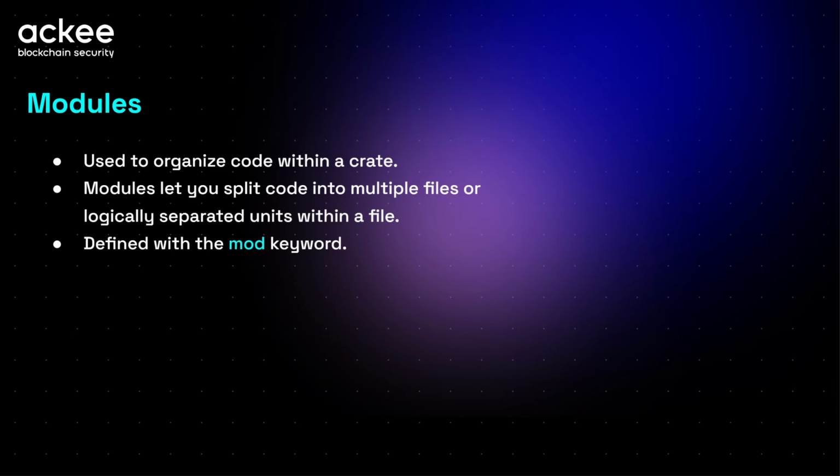You can have multiple modules in one file. So it basically lets you split the code into multiple modules based on the logic of the code. It is defined with the keyword mod. And for example, you can have public modules or private modules, or you can have modules that are public only for the desired crate, and so on.